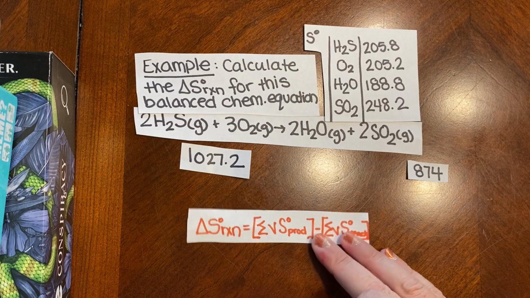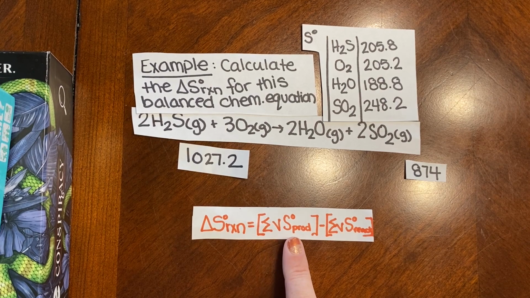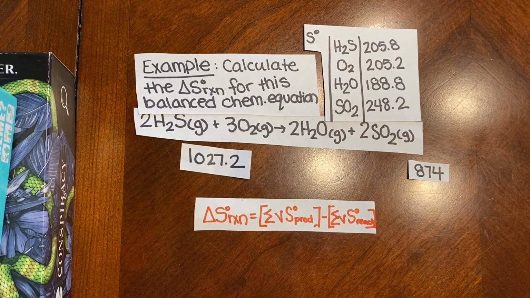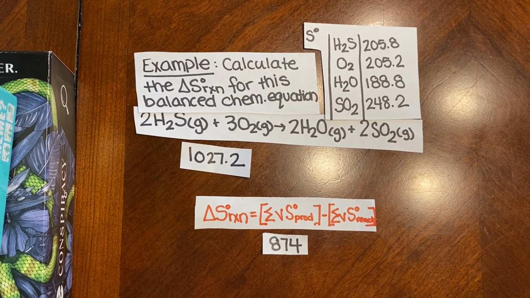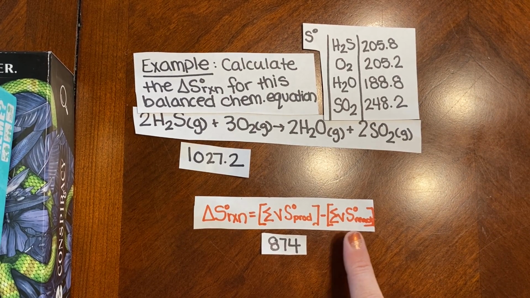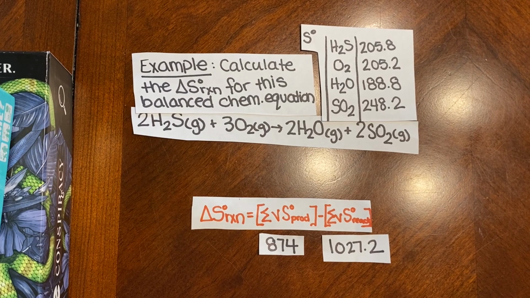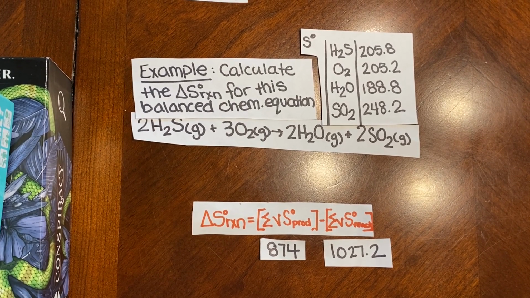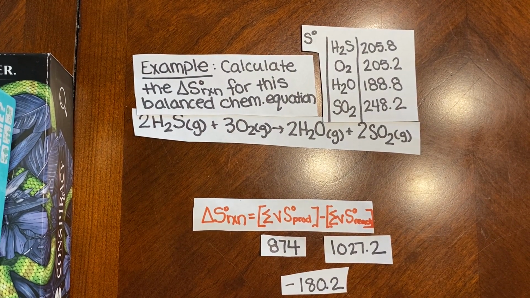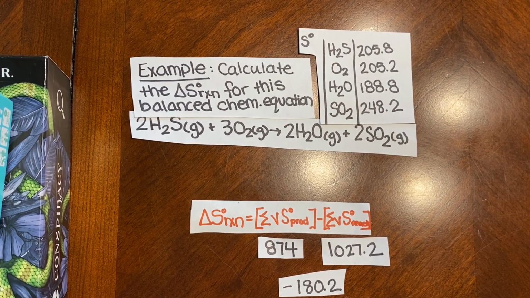Let's look back at our equation. We have the sum of our entropies of our products times the number of moles for each one. We calculated that to be 874, minus the sum of our reactants times their coefficients, which we calculated to be 1027.2. And when you subtract the 2 together, you end up with a grand total of negative 180.2.